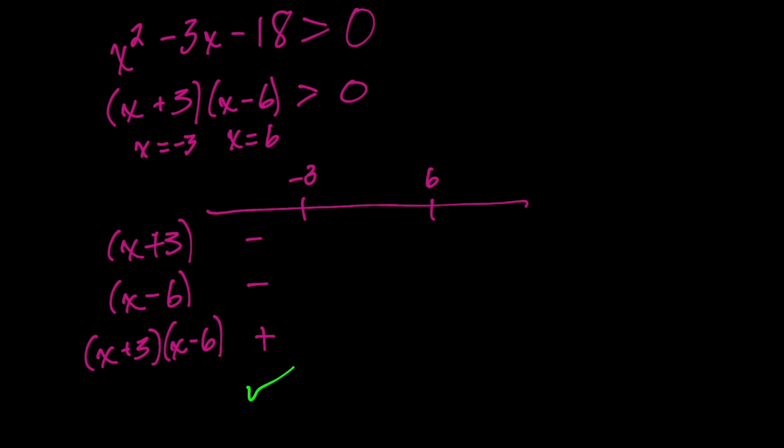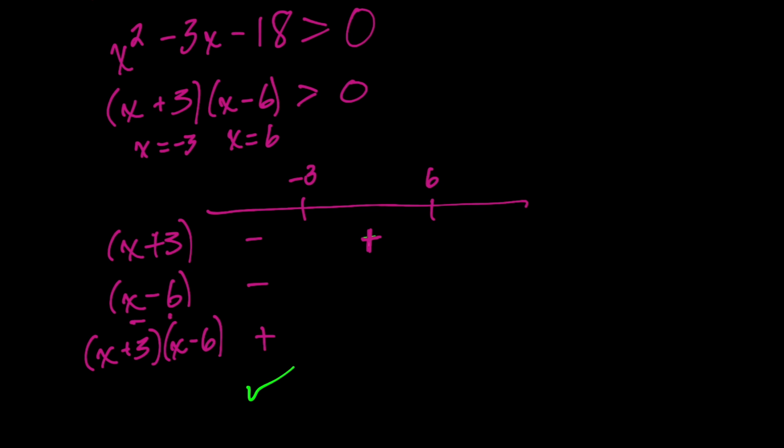Now let's go to my favorite number between -3 and 6. It's got to be 0 just because it's easy to check over here. So let's see. 0 plus 3, that's positive. Oops, let me switch back to my original color here. That's positive. And let's see, we also have 0 minus 6.